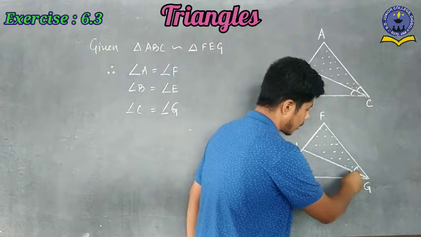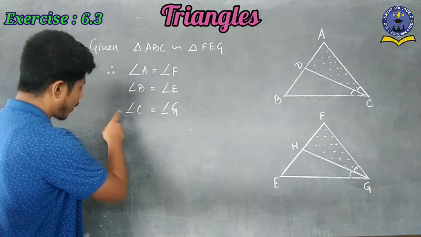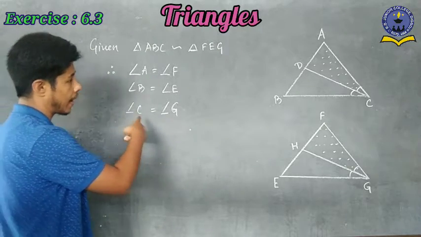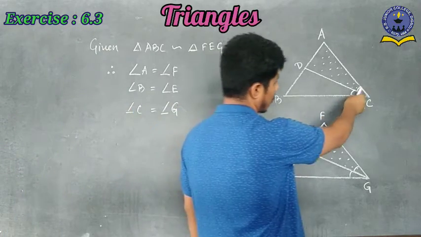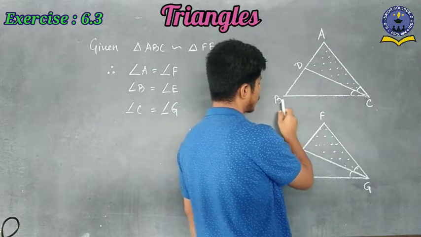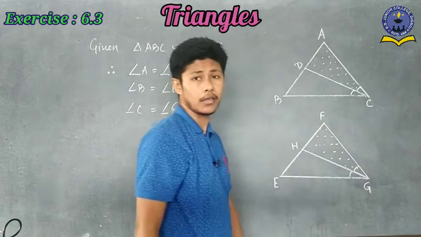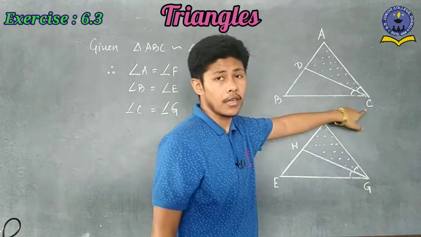If this one is the bisector, then these two angles are equal. So in place of angle C, we can write either 2 times ACD or 2 times BCD. Can we write? Yes, because the sum of these two angles is equal to C.